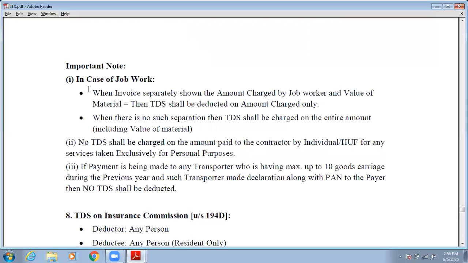So if your contract is for doing a specific job, then the amount charged in the invoice by the job worker and the value of material are shown separately, and TDS is deducted on the job worker's charge. Okay. When there is no such separation, then TDS should be charged on the entire amount.